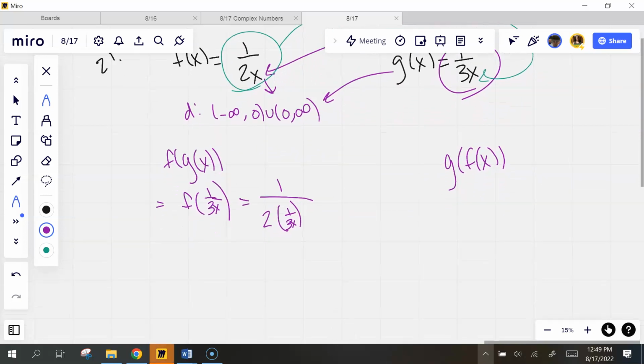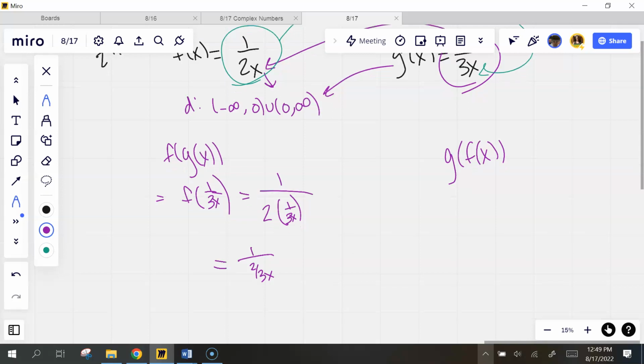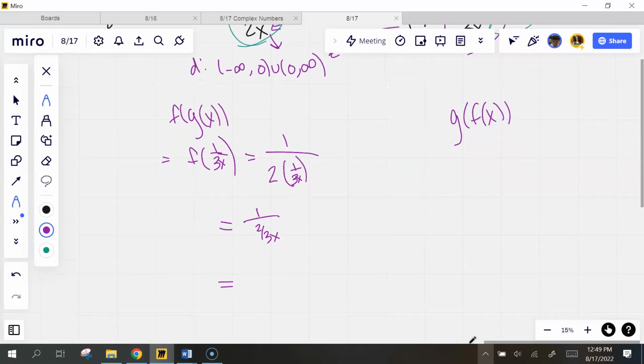Here's where it starts getting a little more complicated. This is 1 over 2 over 3x. So instead of dividing by a fraction, I'm going to multiply by the reciprocal. So this just becomes 3x over 2.